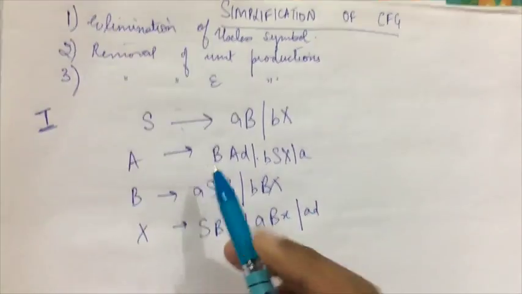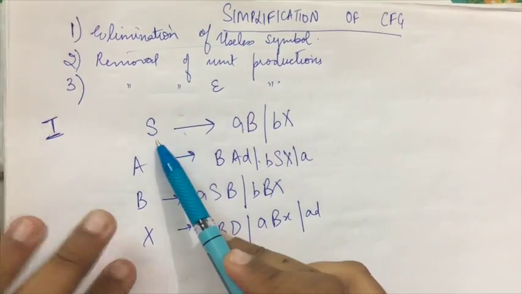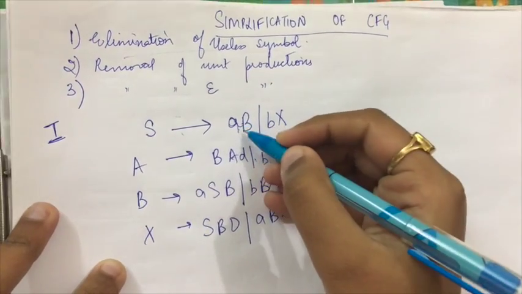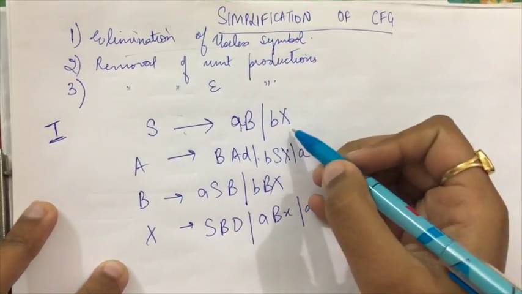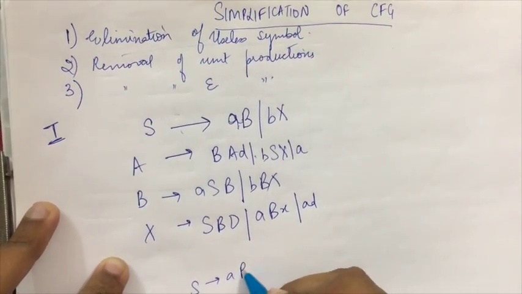Okay, so now here we see, if I start from the production rule S, S will give me AB or BX.